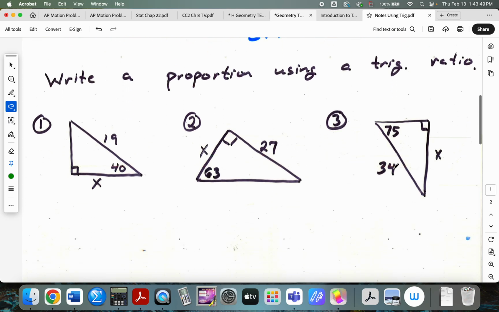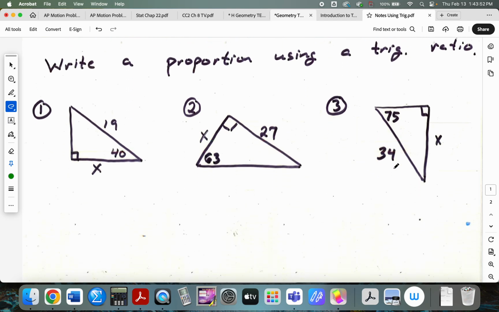So for these three, we want to write a proportion for each one of them using a trig ratio. Every time we need to look and see what are the things that we have. I always look to see if I have the hypotenuse first. Do we have the hypotenuse in number one?